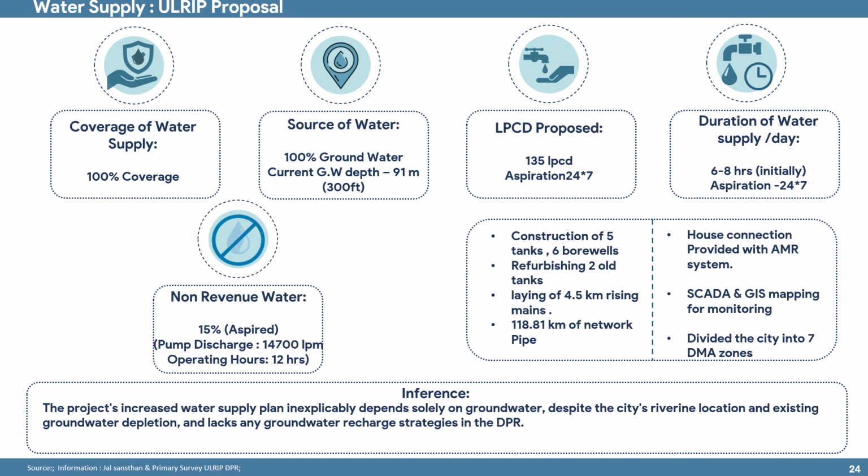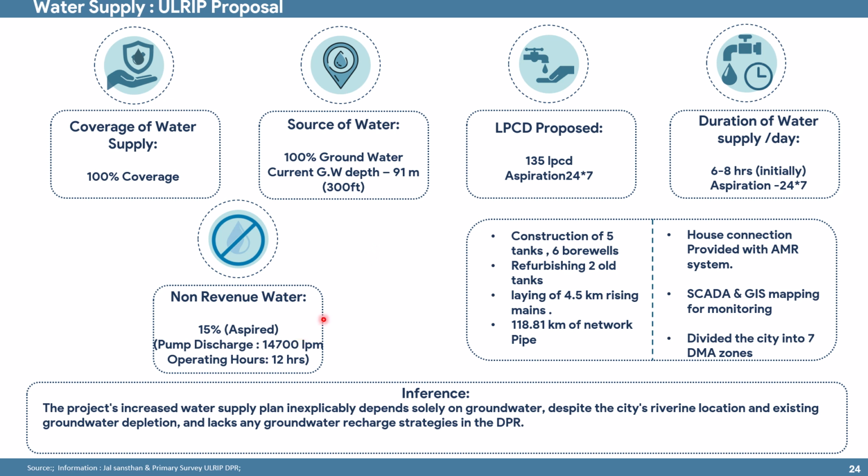Now coming to the ULRIP proposals for the water supply infrastructure within the city, the water supply is likely to be raised from 60 LPCD to 135 LPCD with an aspiration of achieving 24/7 water supply. The construction of newer supply infrastructure ensures NRW reduction to around 15% as per the SLB standards.